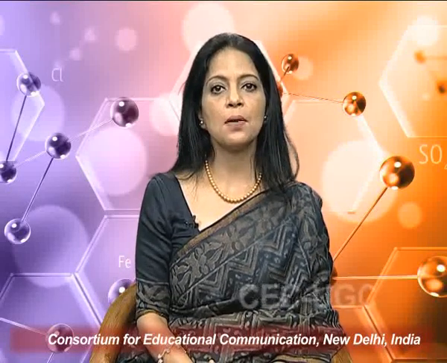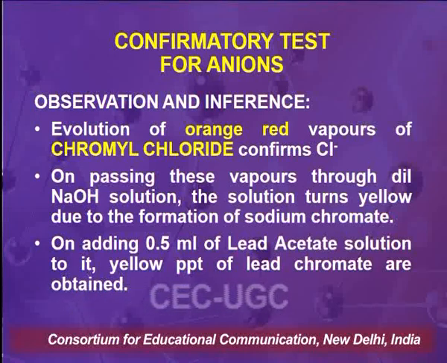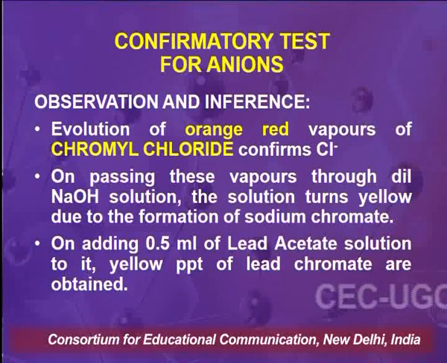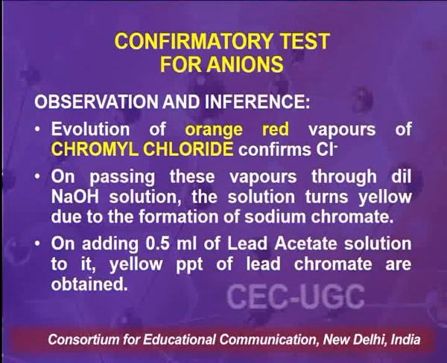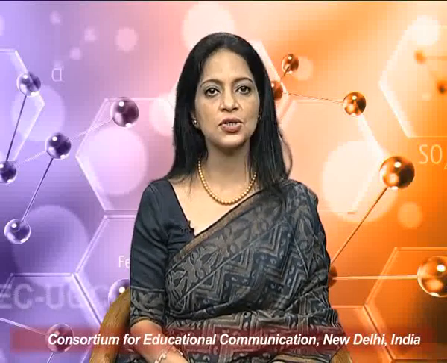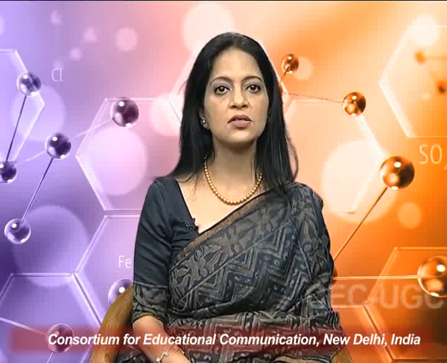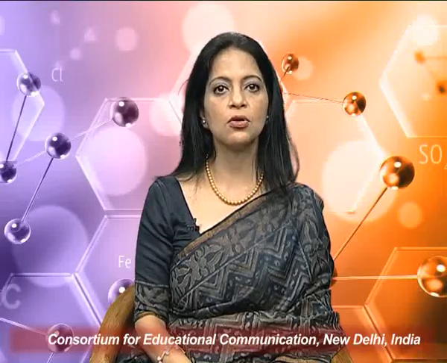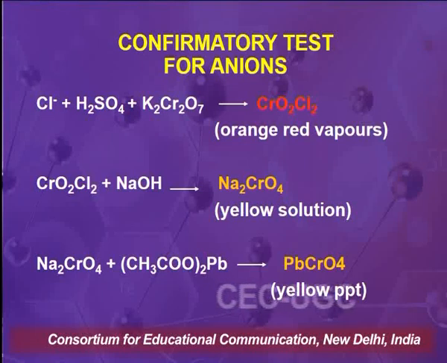Now, when these vapors are passed through dilute sodium hydroxide solution, the solution of sodium hydroxide turns yellow due to the formation of sodium chromate, and upon adding around 0.5 ml of lead acetate solution to the sodium chromate, a yellow precipitate is observed which is of lead chromate, and the chemistry involved in the reactions discussed are seen over here, wherein chloride reacts with sulfuric acid and potassium dichromate to produce the orange-red vapors of chromyl chloride having the formula CrO2Cl2.